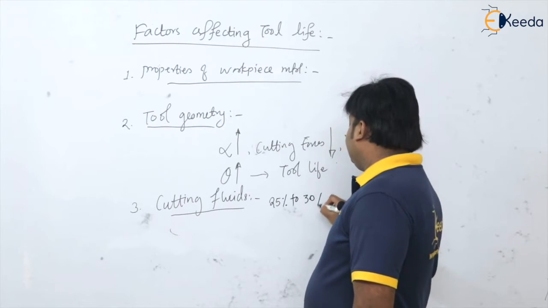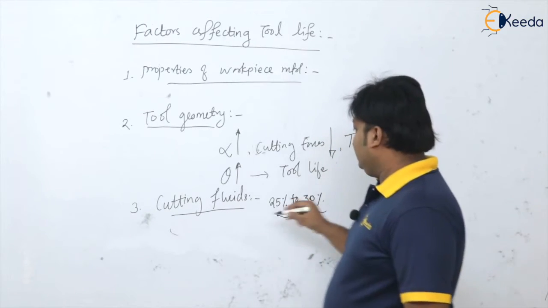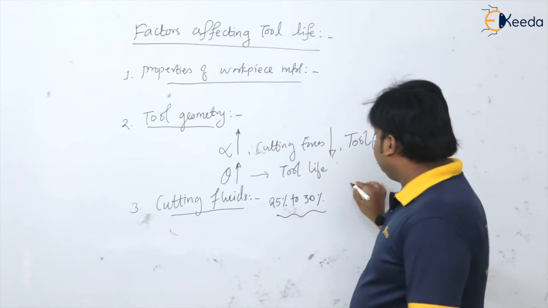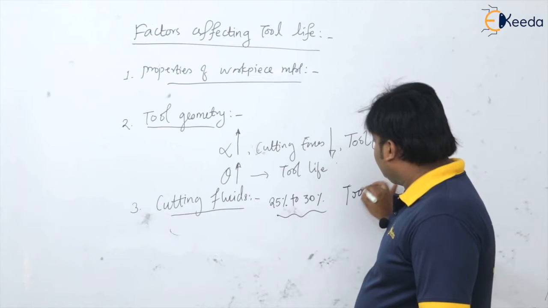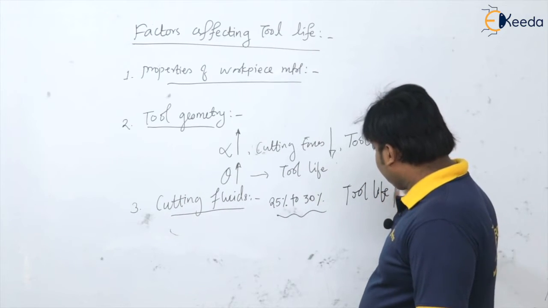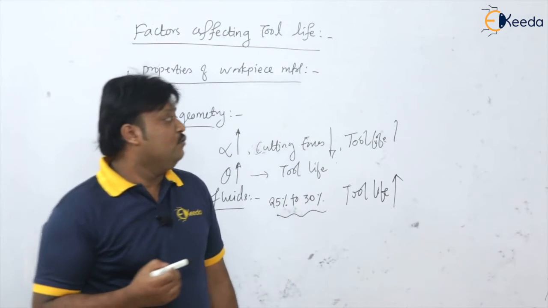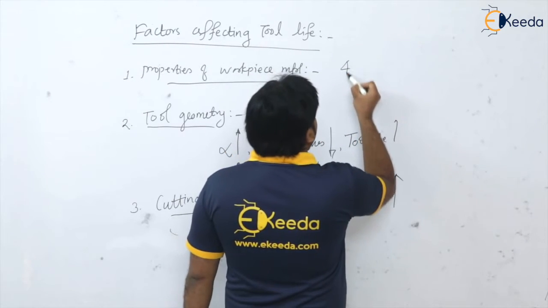So definitely when the cutting forces go on decreasing, there is an increase in the tool life. Ultimately it is going to decrease the forces, and ultimately it is going to increase the tool life, isn't it? And the fourth thing, after the use of cutting fluids, we have the process parameters.